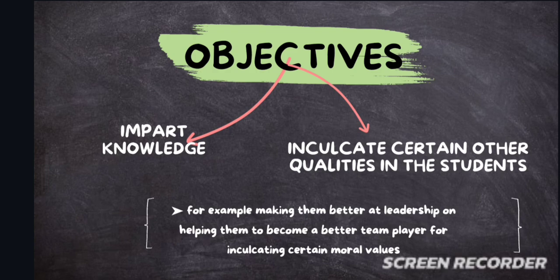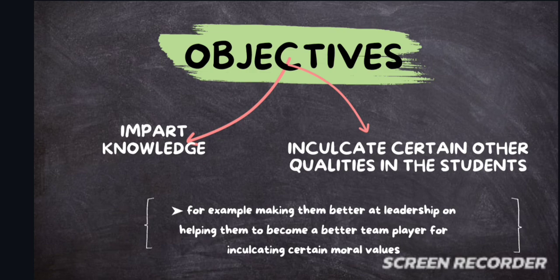What is the main objective of teaching? The first is to impart knowledge. The second is to inculcate certain qualities into the students, qualities which students need.